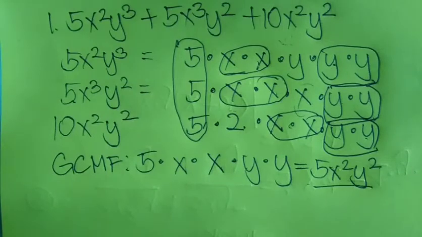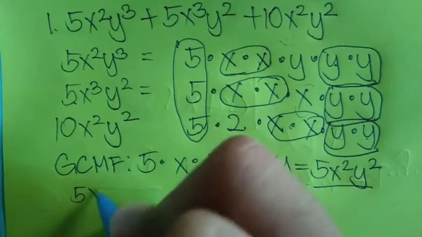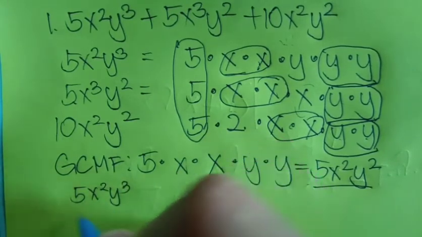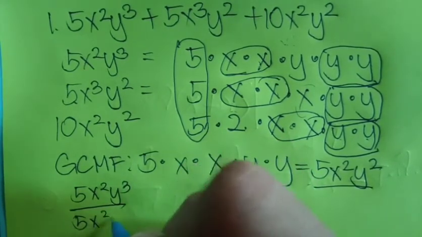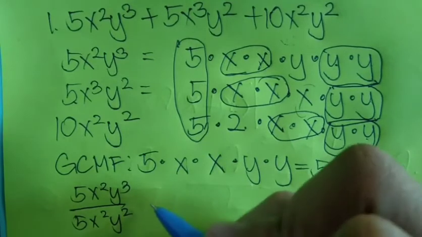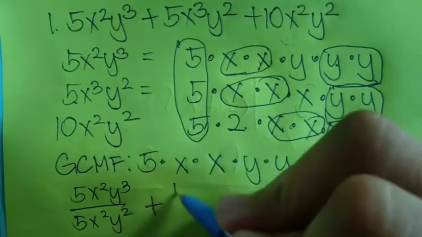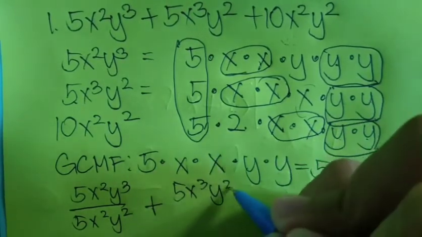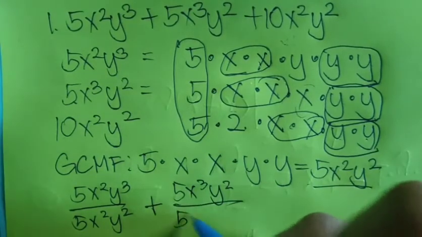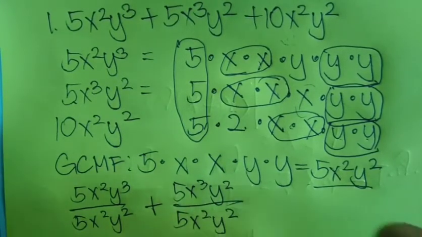Now, kukunin na natin yung second factor. We have 5x squared y cubed divided by 5x squared y squared, plus 5x cubed y squared divided by 5x squared y squared.